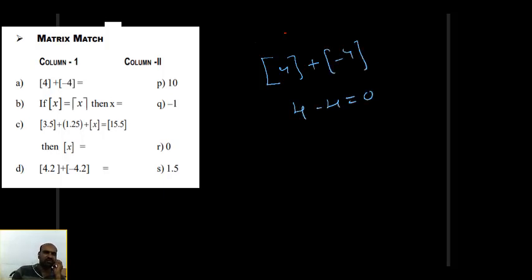Next, matrix matching, students. Step 4 plus step of minus 4. Obviously, this is 4, this is minus 4, so the sum is 0. So R should be paired with this.